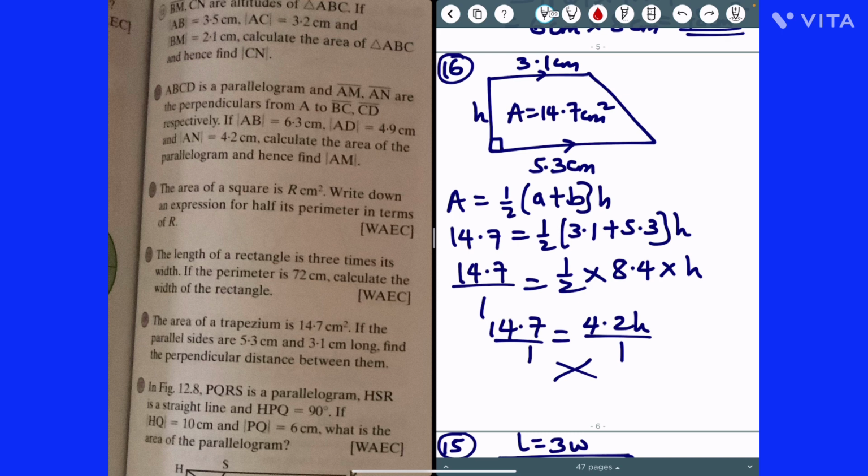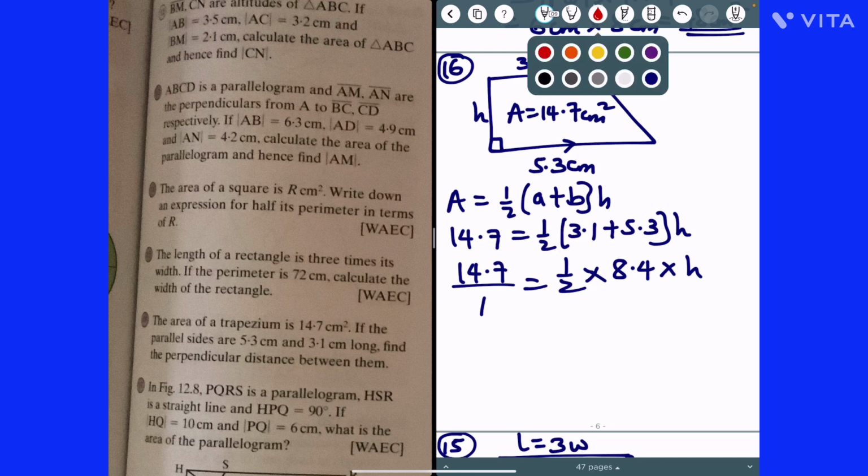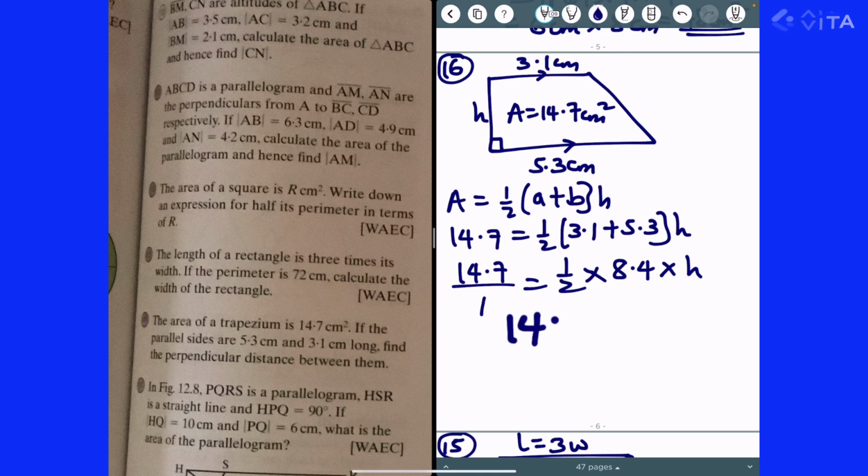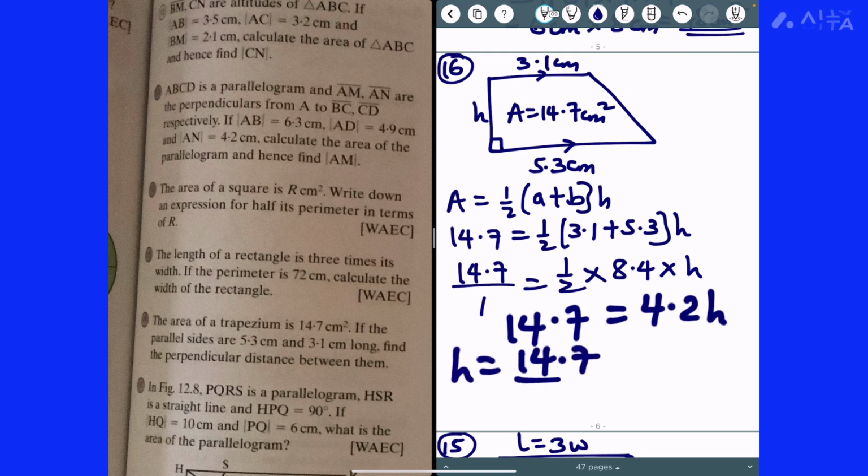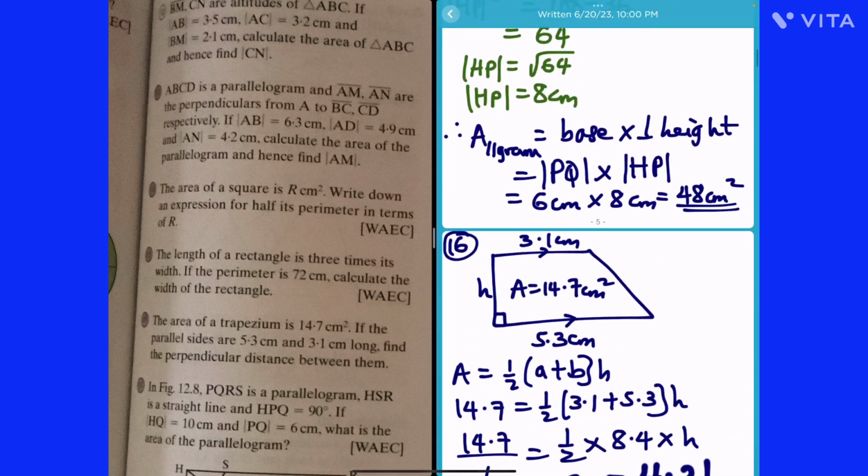Half of 8.4 is 4.2. 4.2h is 14.7. I just need to put the answer together. 14.7 is 4.2h. H is 14.7 over 4.2, which will give you your answer in centimeters. Is that clear? Take note of that, please.